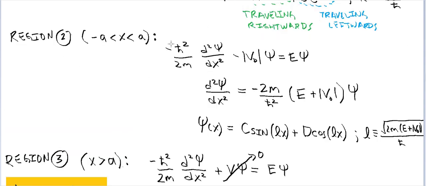And so in region 2, we have minus h bar squared over 2m d squared psi dx squared minus V naught psi is equal to E psi. This time we have d squared psi dx squared is equal to minus 2m over h bar squared times the quantity E plus V naught times psi.